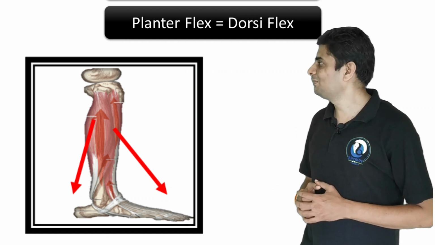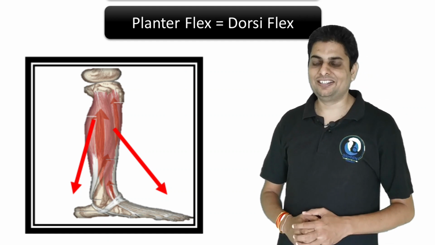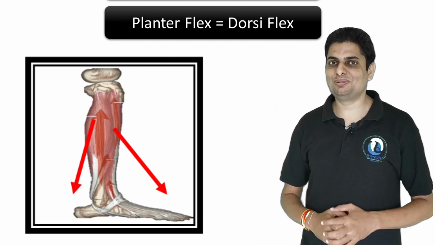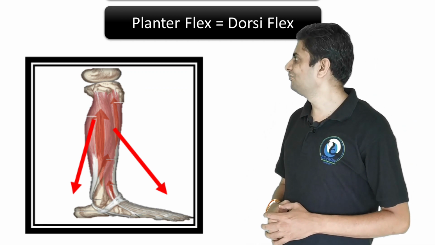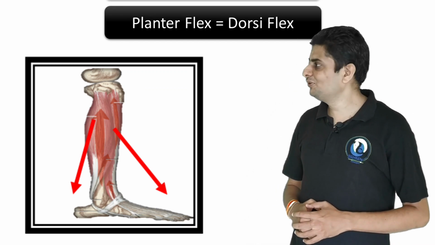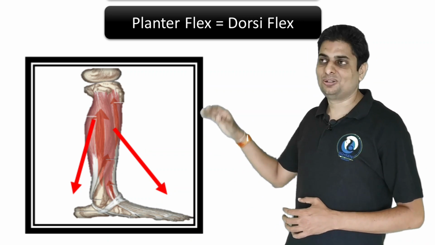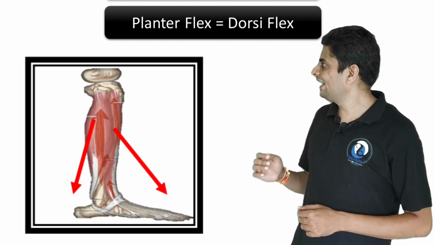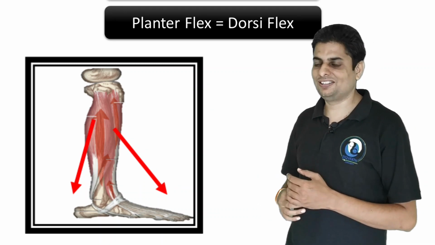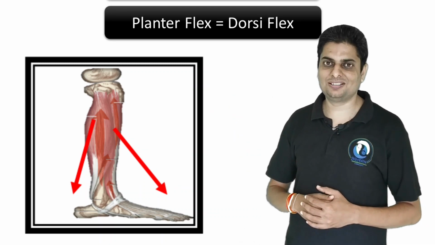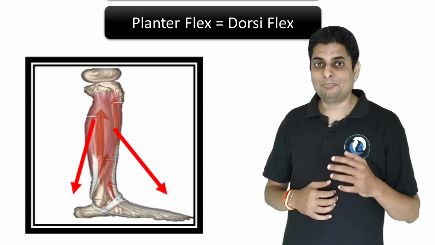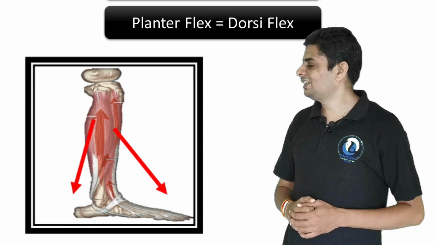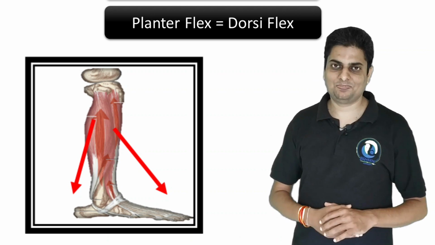But they have more important work to do, and it is to align the tibia vertically over the foot when the foot is stabilized through your whole body weight. So they are acting inversely, that is from insertion to origin, and thus maintaining a vertical alignment of the tibia.